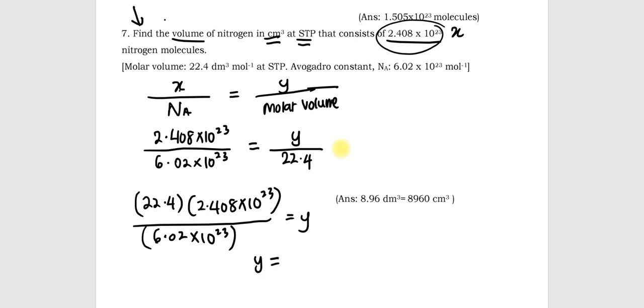What is the Y? Okay, try to find it. You will get 8.96 dm cube. Then you convert to centimeter cube. Move 3 places to the right. 8960 centimeter cube.